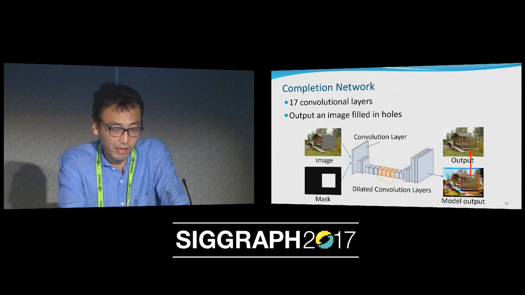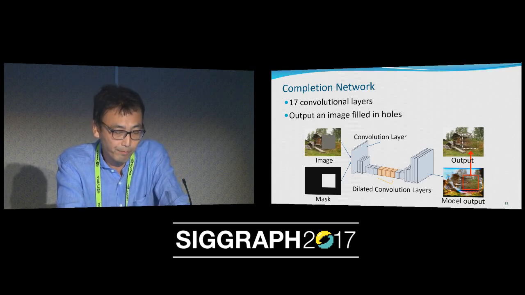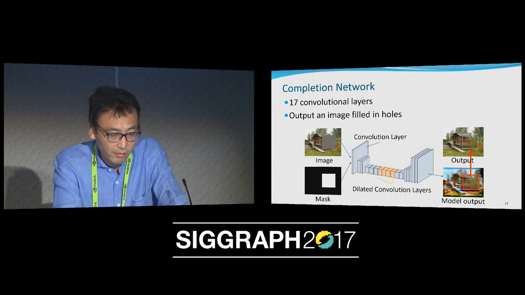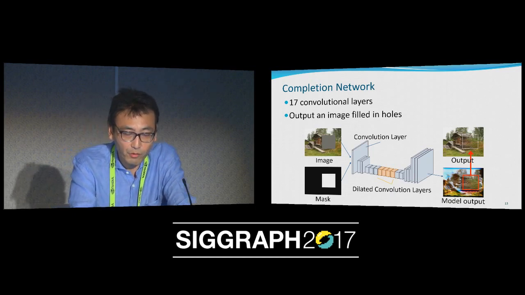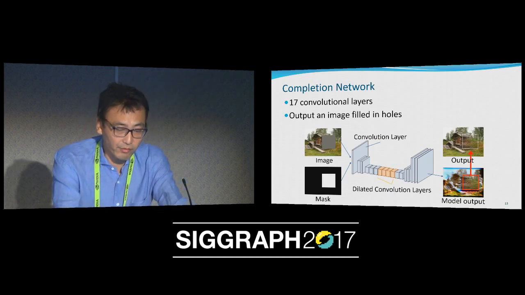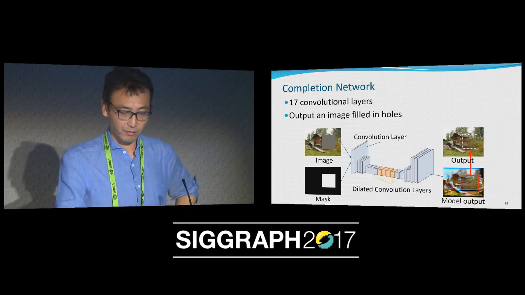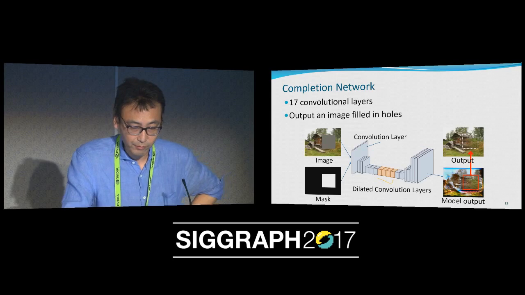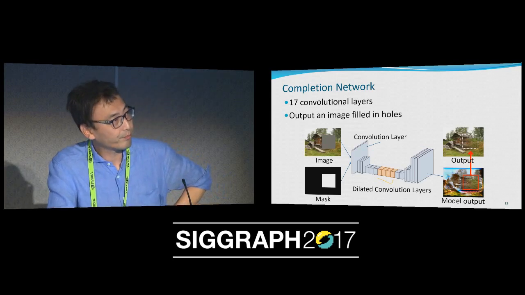So the pixels outside of the completed region are restored to the input image. Please note that we use dilated convolutional layers in the mid layers, which allows us to compute each output pixel with a much larger input area. So this is important for the image completion task, and I will explain this in the next slide.